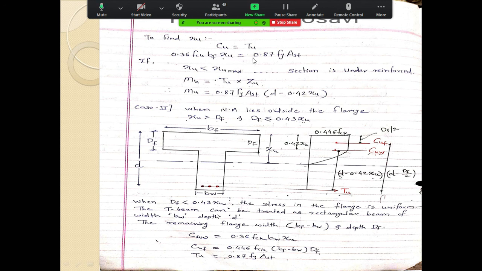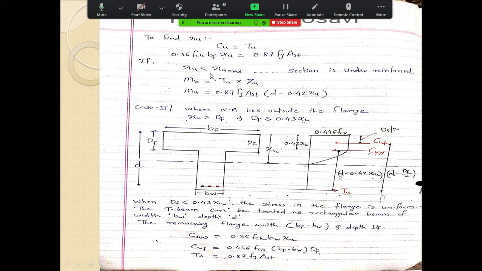Tu is nothing but 0.87 Fy Ast. This is the normal thing which we do in singly and doubly reinforced sections, to check whether Xu or Xu max is greater. This we will look at the time of solving the numericals, but this is also very easy, you know this already.